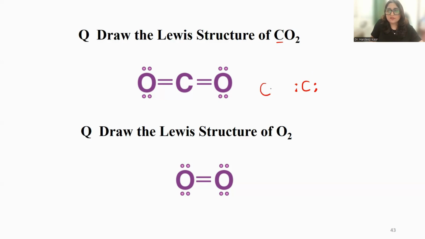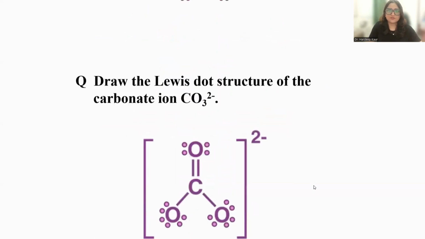Oxygen has 6 electrons. Because each oxygen has 6 electrons, there will be bond formation like this. In the case of the oxygens, they do like this. It is a sharing of electrons. This is the Lewis dot structure for CO2.